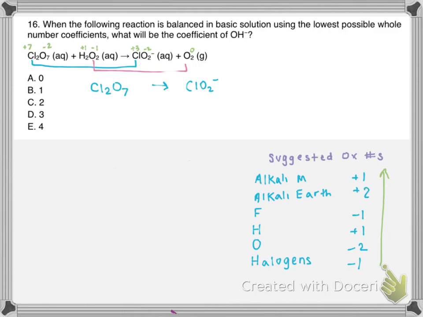Okay, so let's think about what kind of reaction that is. We have the chlorine going from an oxidation number of +7 to +3, so it's becoming more negative. So this is going to be a reduction because the Cl2O7 will have gained electrons.